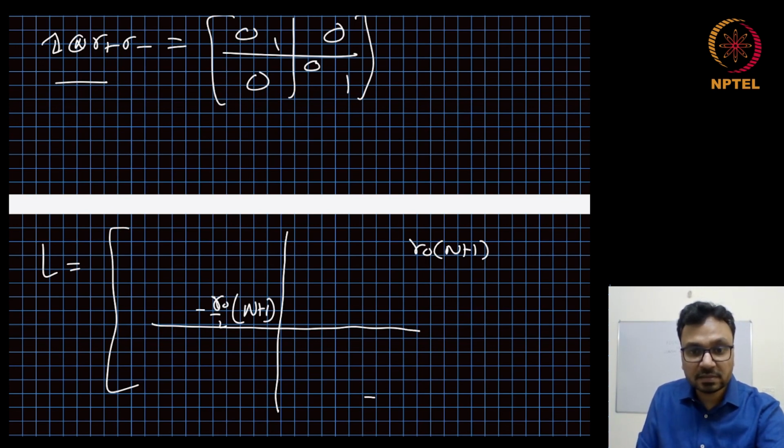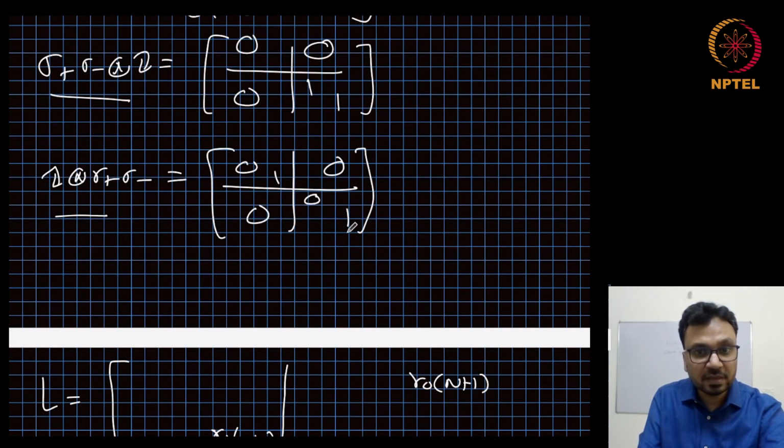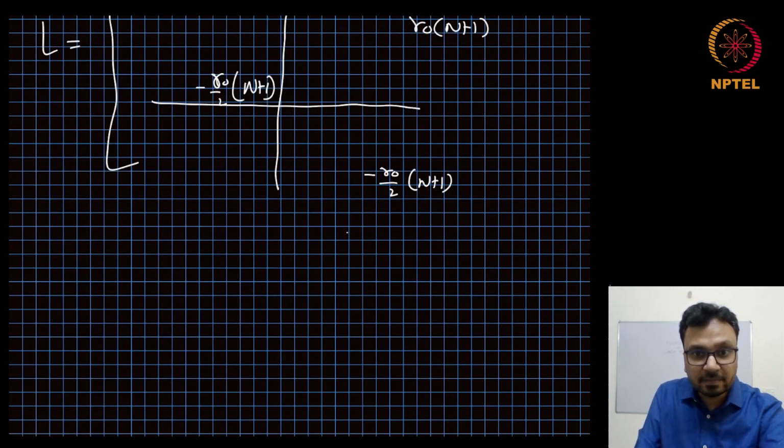We are left with minus gamma naught (n plus 1) over 2, and minus gamma naught (n plus 1) over 2 from the other term.